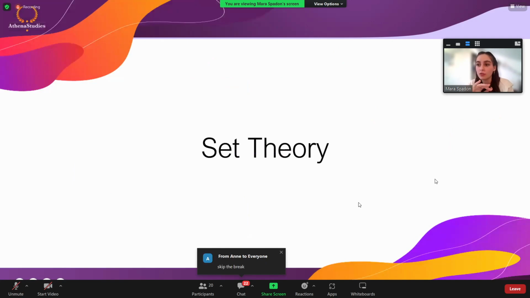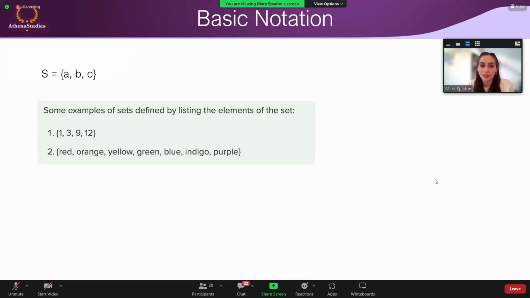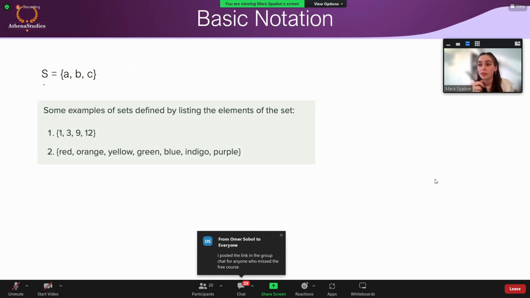So I believe most of you followed this. Some of you did not, but that's okay. Set theory, I promise you, is way more straightforward than the logic we just did. So let's go through it together. So we have the basic notation of a set. For the people who did follow it, you can see this as a recap. There's a link in the group chat for anyone that wants to follow my entire, it's like an hour and a half, I believe, of set theory.